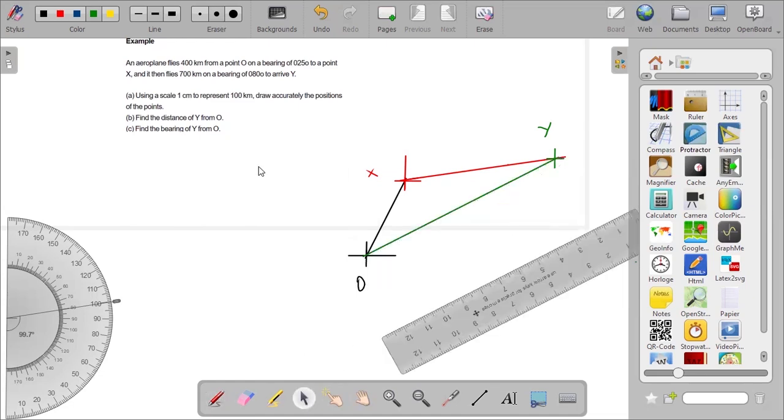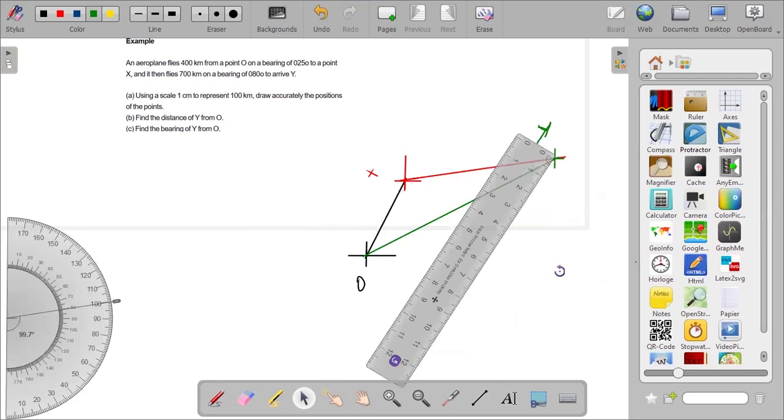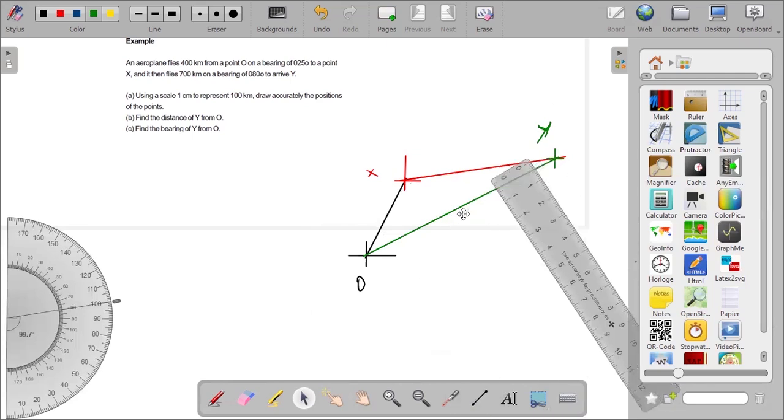Now, what do they want us to calculate? They say using a scale of 1 centimeter to represent 100 kilometers, draw accurately the positions of the points, which you have done. This is point O, X, and Y. Then find the distance of Y from O. See Y here, and this is O here, meaning we have to measure the length of this line. Let me turn the ruler like this so I can see it clearly.